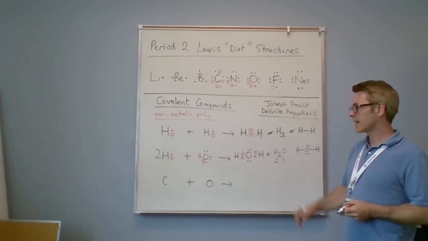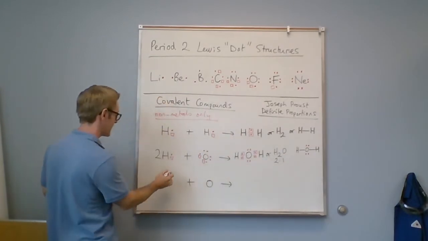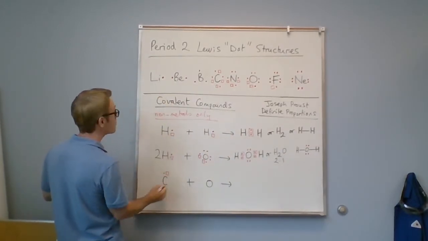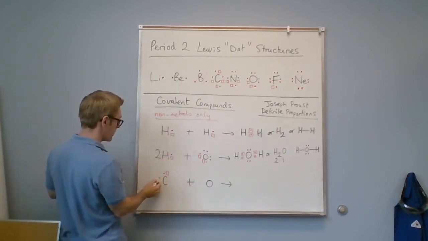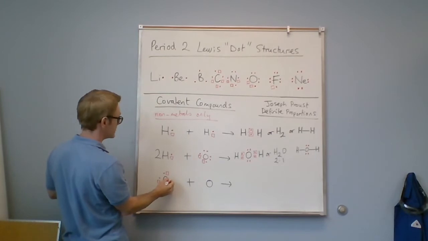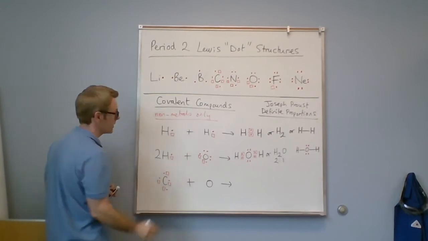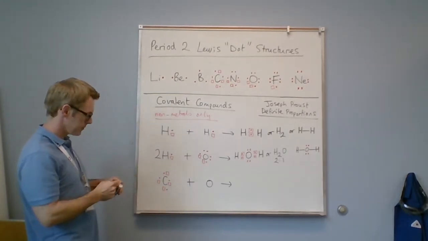Okay? And finally, let's look at carbon and oxygen. I'm going to draw a carbon up here. So I have carbon here with its 4 dots and its 4 boxes.